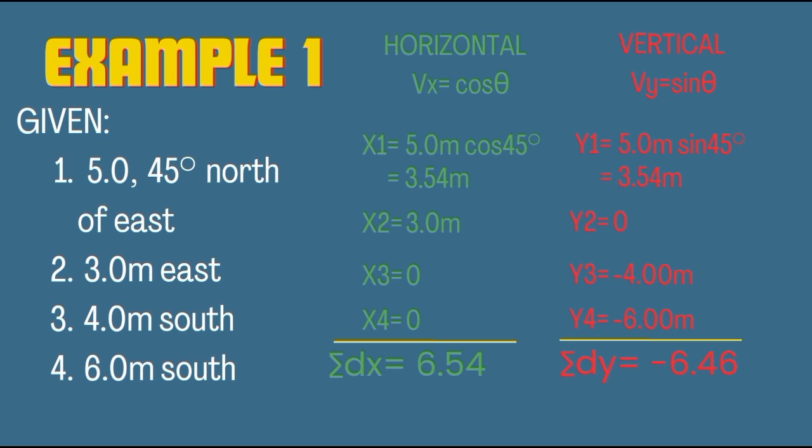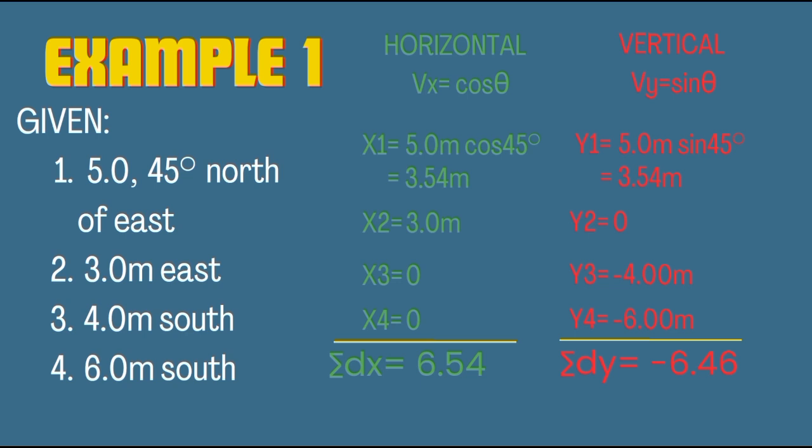For the horizontal, V cos theta, the first x will be 5.0 cos 45, which is equal to 3.54 meters. And for the first y, given as 5.0 sin 45 degrees, it will be 3.54 meters. And for the x2 is equal to 3.0 meters because it is only part of the horizontal, not the vertical.